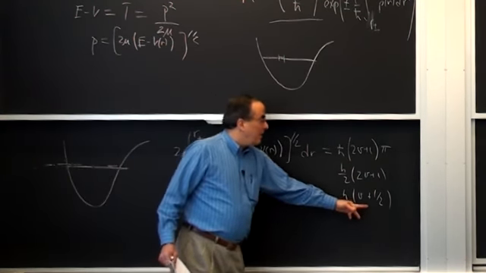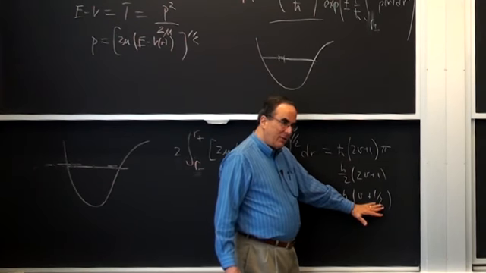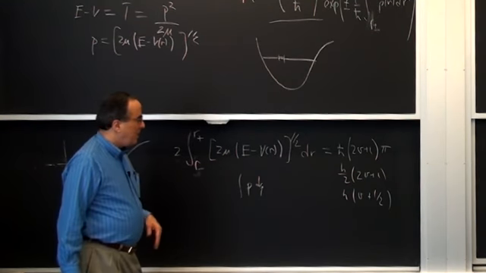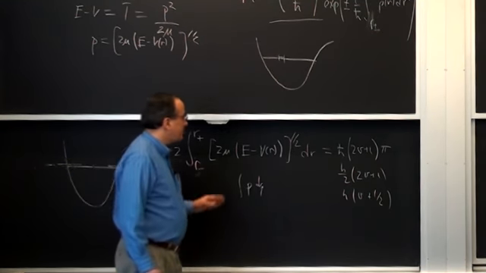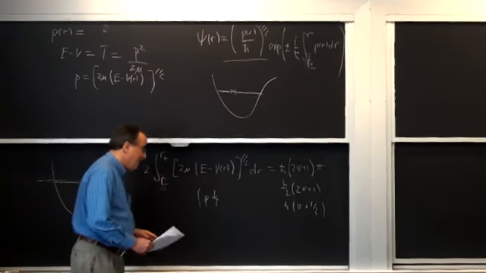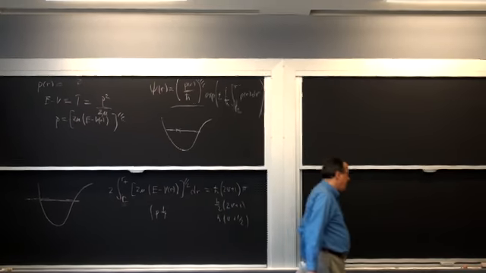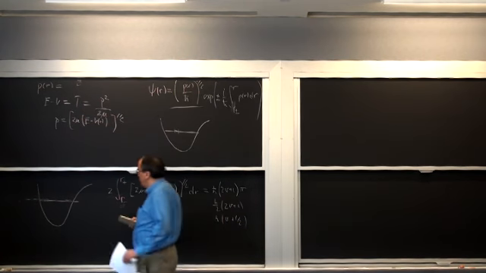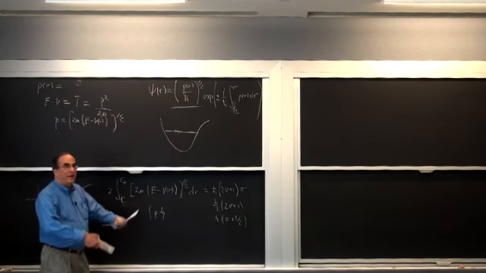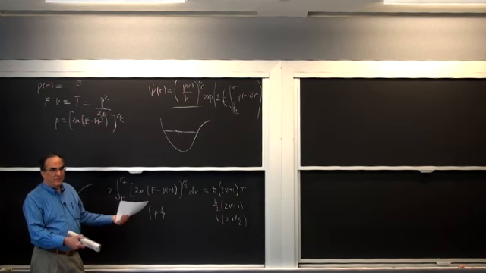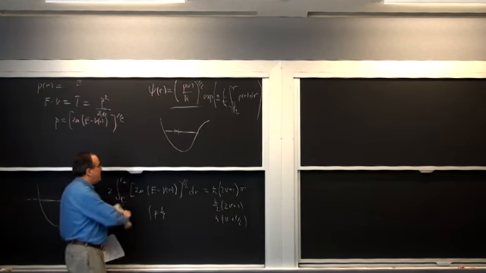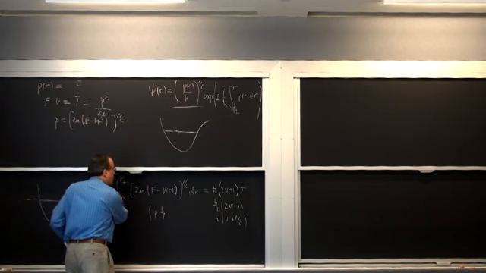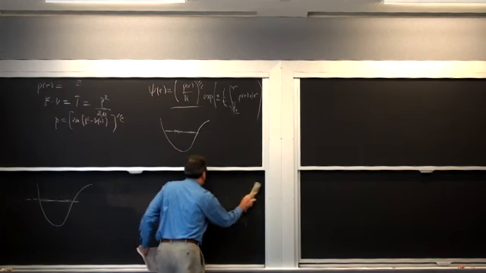So there's a half integer amount of action when you evaluate the action integral at the energy of an energy level. And for each additional level, there's another h of action. And so this is a very useful quantity, and the RKR is built on the action integral.